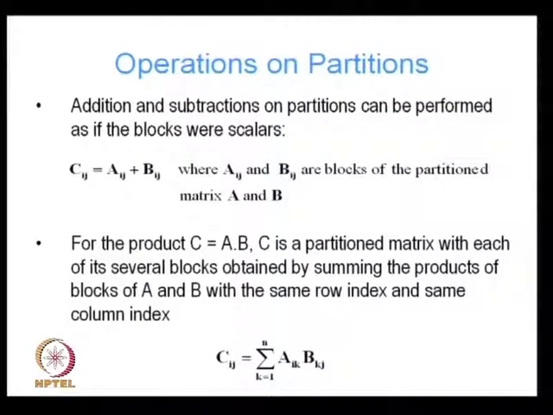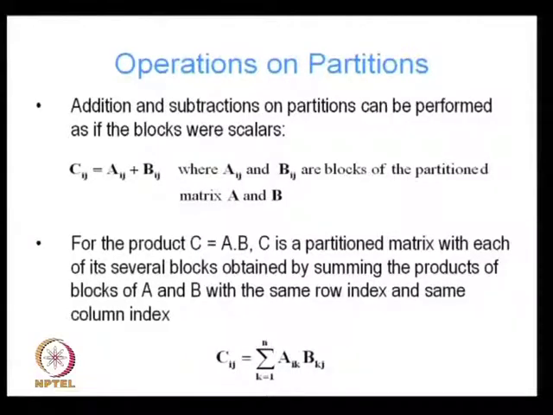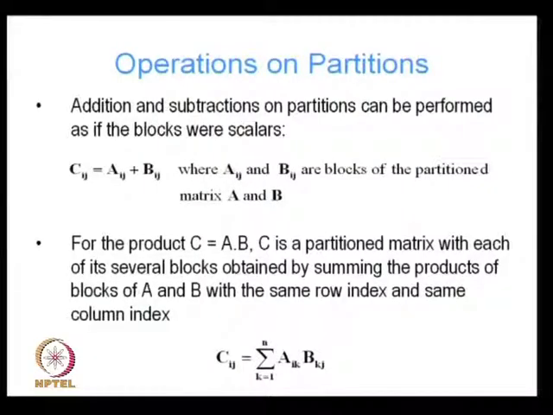If A and B are partition matrices with blocks Aij and Bij, and we want to sum them to obtain a third matrix C, then the blocks of C, Cij, are just the sum of the individual blocks Aij and Bij of A and B.